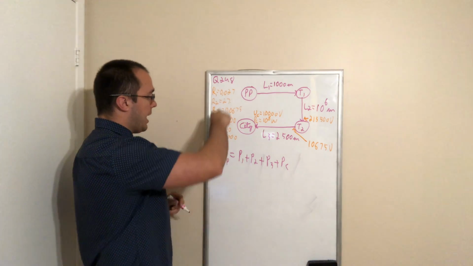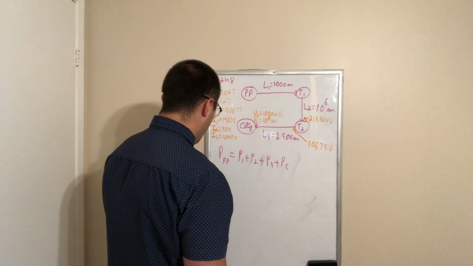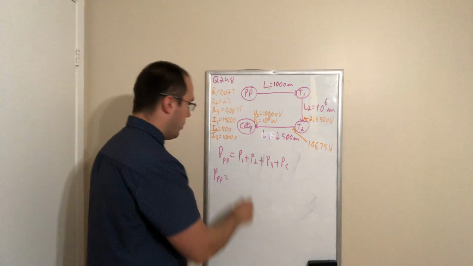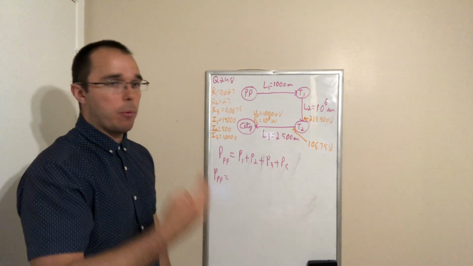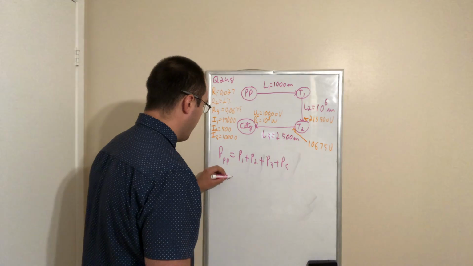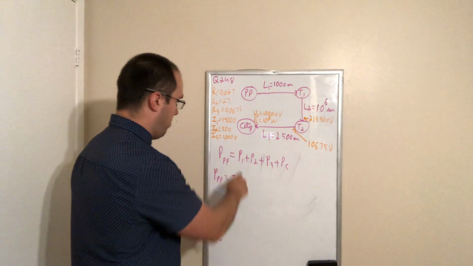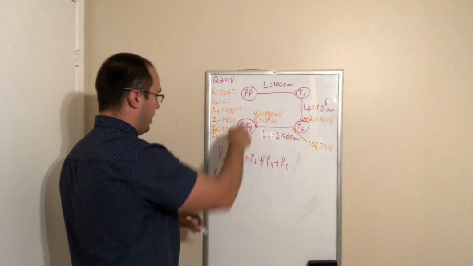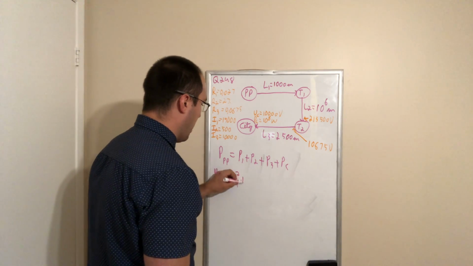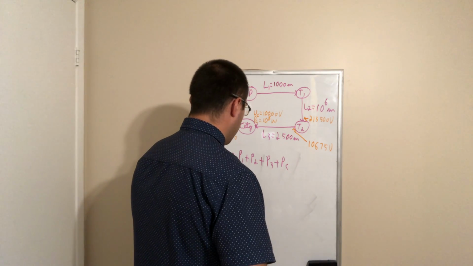Okay, so we can input all these values. So the power of the power plant, and we replace the power by I squared multiplied by the resistance. So the power in the first power line is equal to I1 squared multiplied by R1. And same logic for the other one.